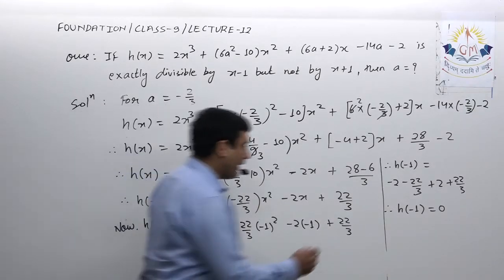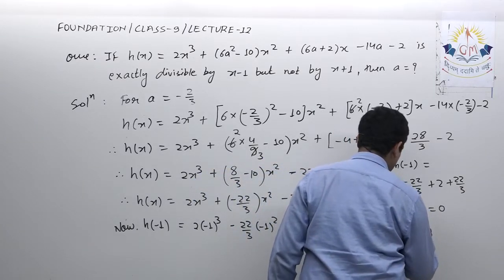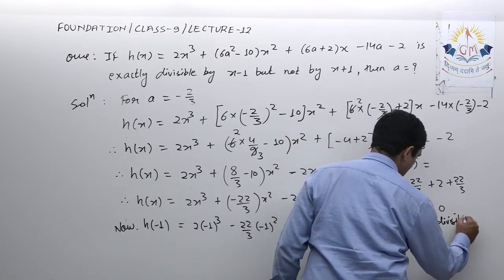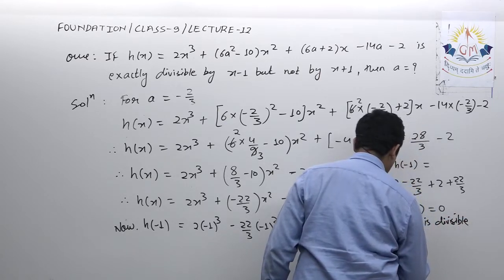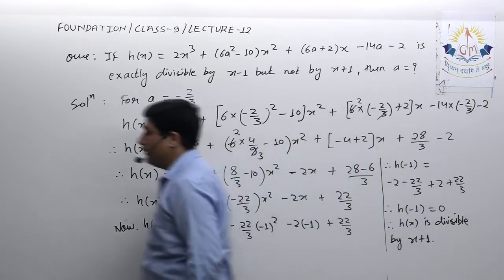So here I can write, therefore h(x) is divisible by x plus 1. So the final answer is a equal to 2.